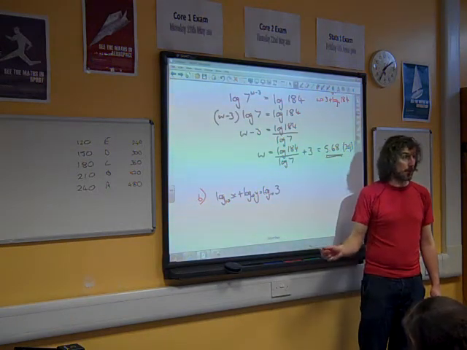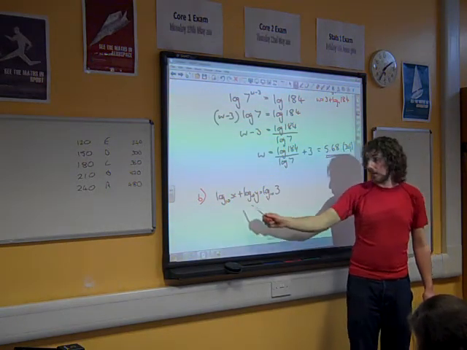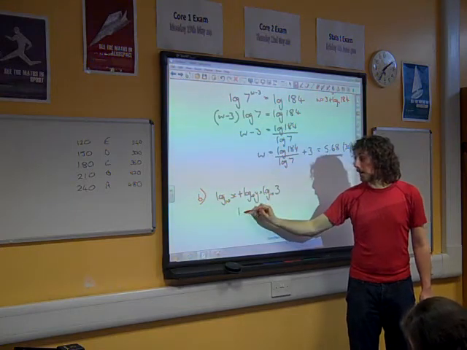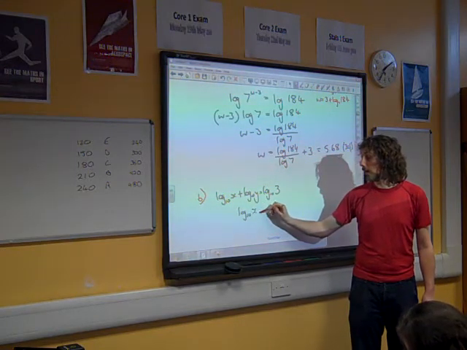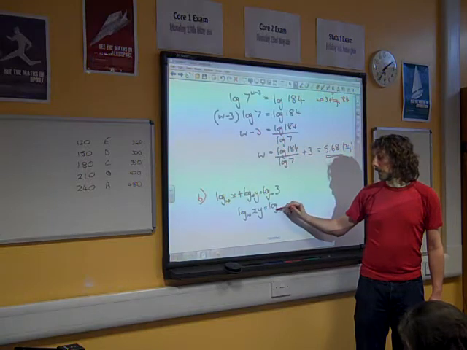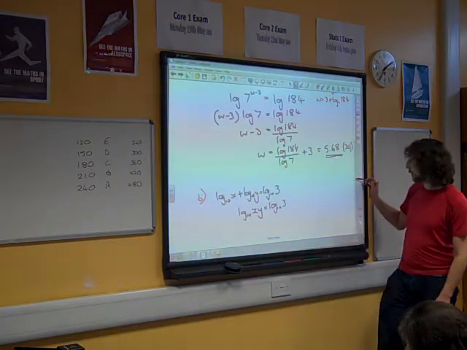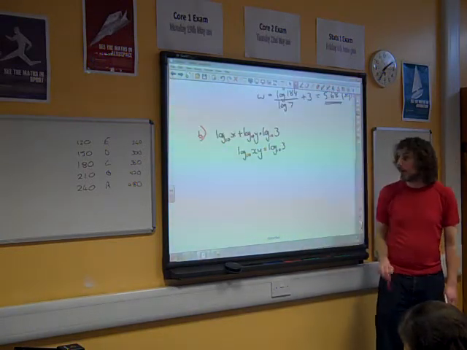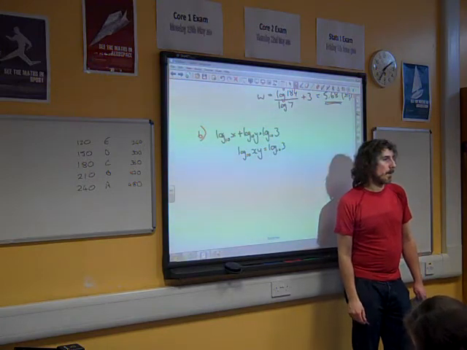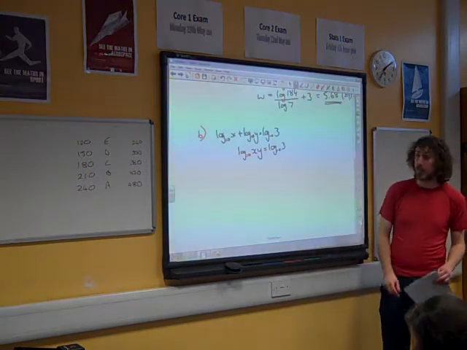So the first of the rules that we wrote down a few moments ago says that if we add these two things, this becomes log base 10 of xy equals log base 10 of 3. Actually this is simpler than it looks.